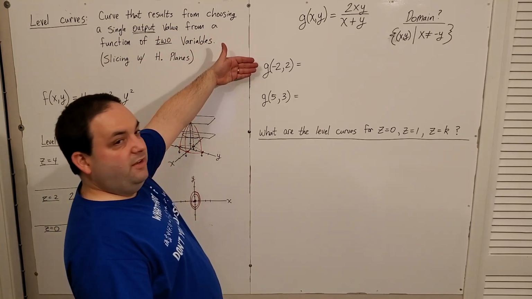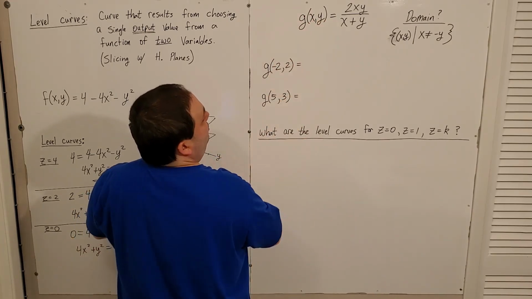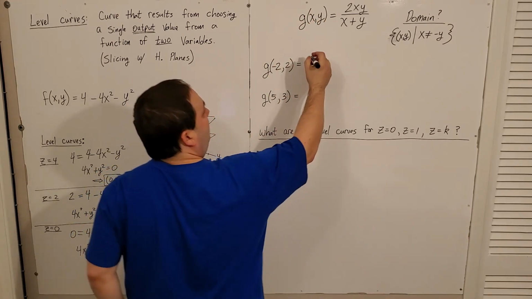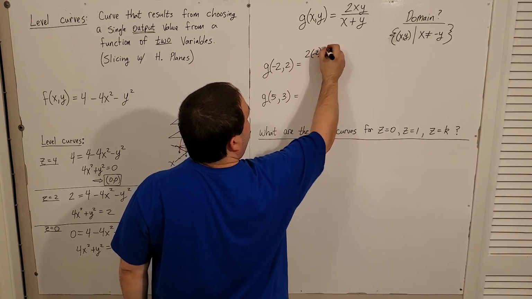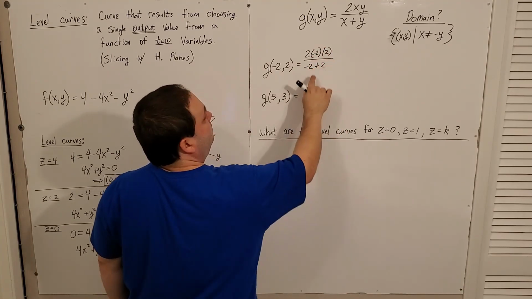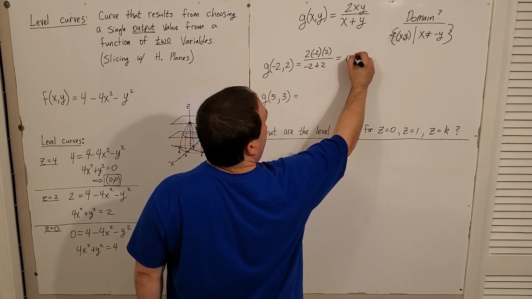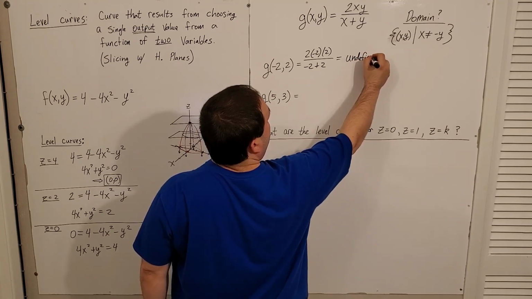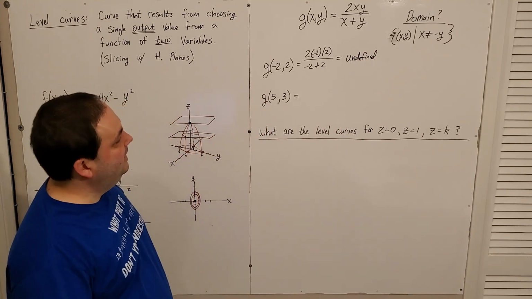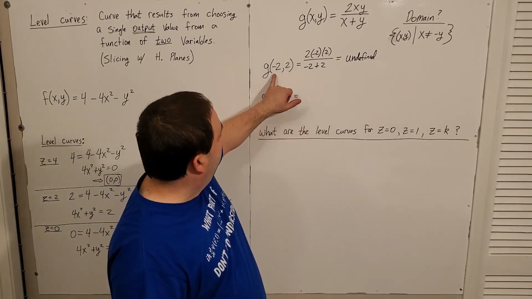Function evaluation. Here, I'm just plugging in values into the function. I've got 2 times -2 times 2 over -2 plus 2. Uh-oh. I'm getting a division by 0. Undefined. That must have been on that one line that's not in the domain. -2, 2.